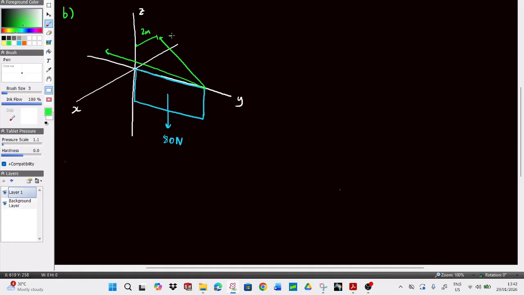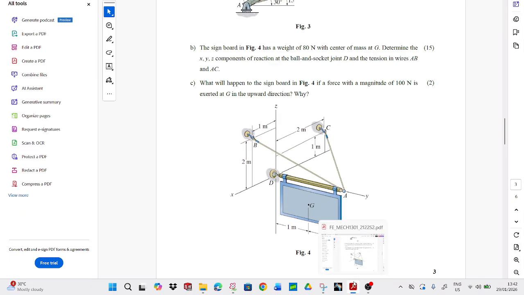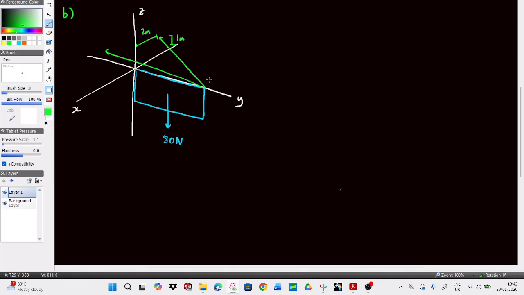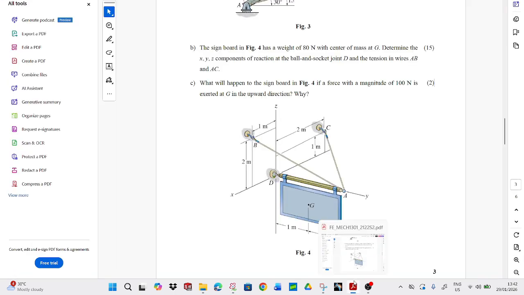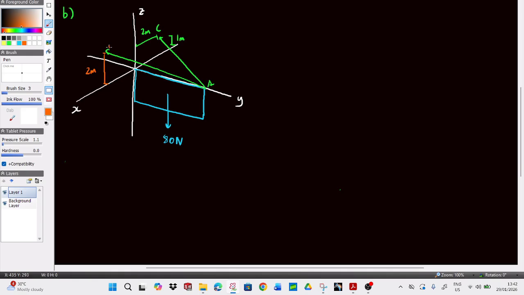Here is 2 meters, here is 1 meter. This one is cable AC. And then for here, the height is 2 meters, I think, if I'm not mistaken. And here is 1 meter, yeah. Here is 1 meter.